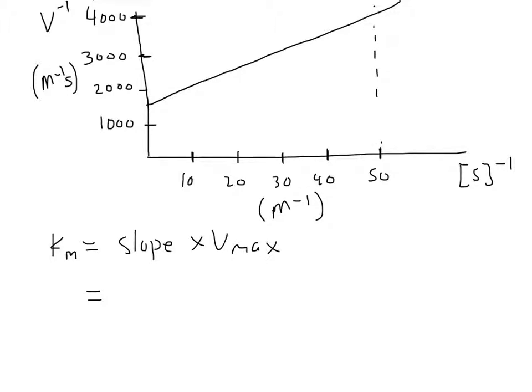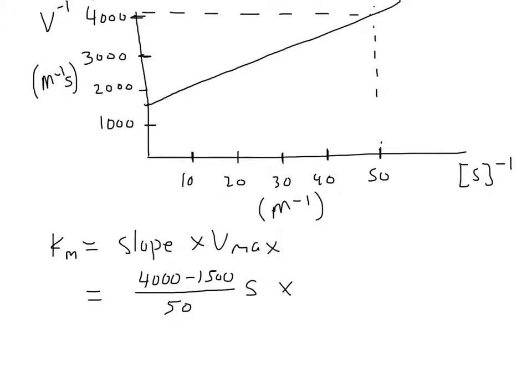I noticed that at 50 inverse molar, the inverse is about 4,000. And at 0 we see it's 1500. So the rise here would be 4,000 minus 1500. And the run is going to be 50. And the units here, if you think about it, are inverse molar second divided by inverse molar, which just leaves you seconds there.